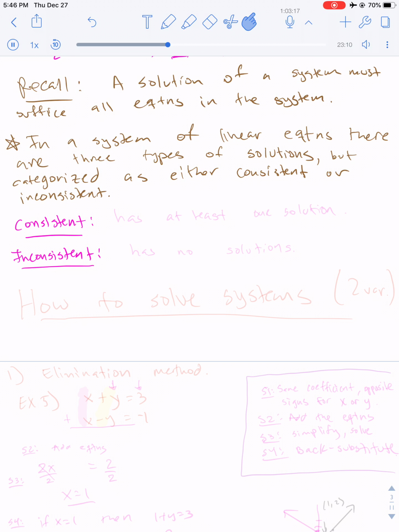Now, the difference between consistent and inconsistent systems: a consistent system has at least one solution, meaning one solution is okay, two solutions are okay, infinitely many solutions are okay, and the opposite for inconsistent. Inconsistent has no solutions.